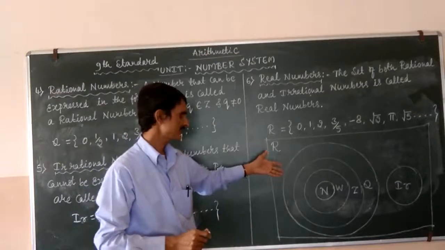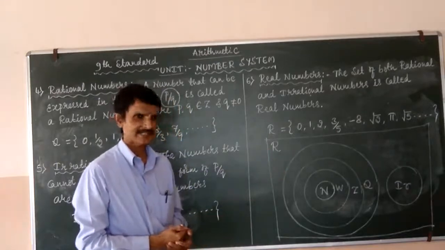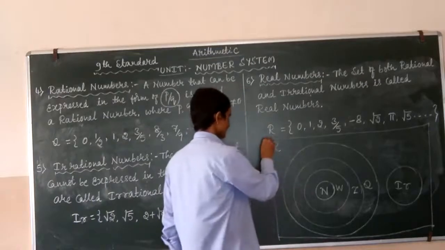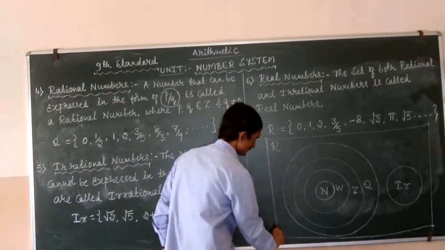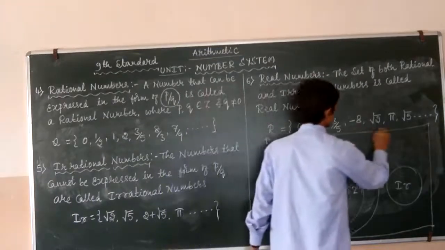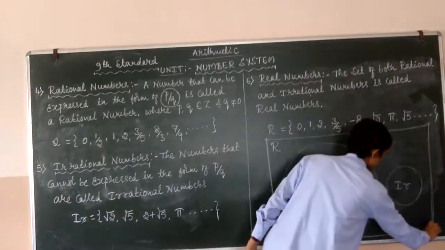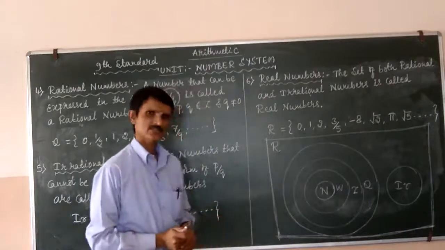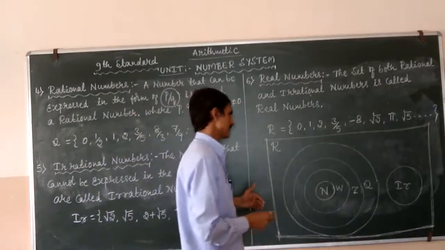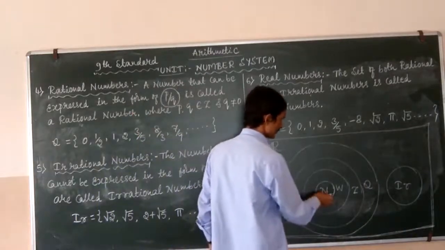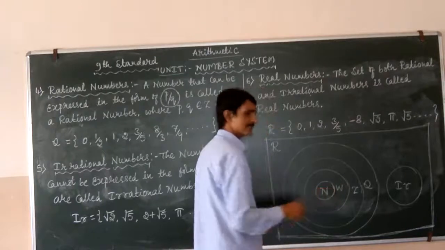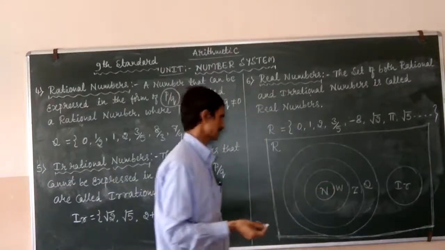Students, this is called a Venn diagram. If you observe this, it contains all real numbers. It is the set of real numbers, and in it you can see it contains natural numbers, that means counting numbers.